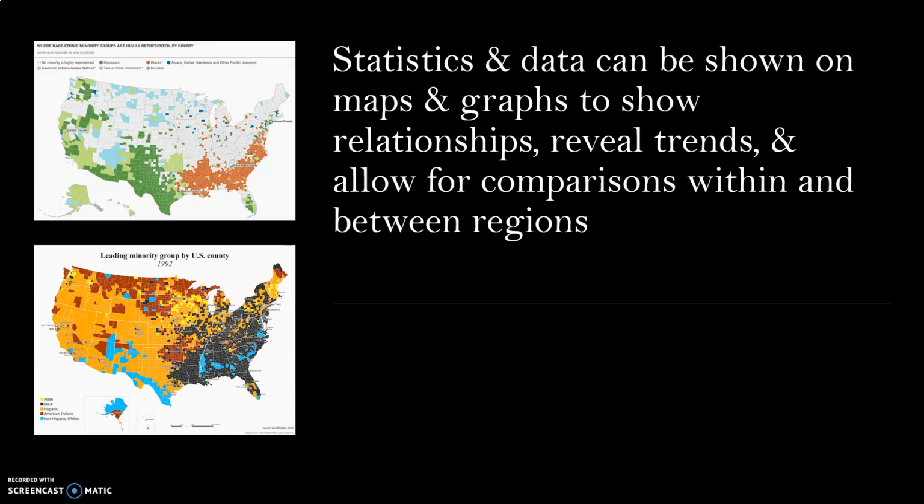Also, statistics and data, so this is numbers, can be shown on maps and graphs to show relationships, reveal trends, and allow for comparisons within regions and also between regions. Seeing relationships and trends, like what is happening now, will help city planners, for instance, plan resources for the future.